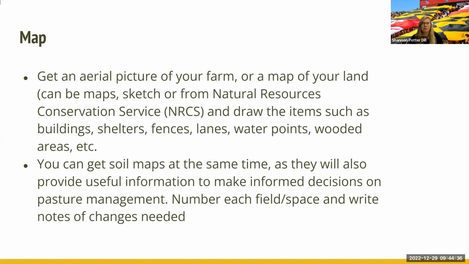You can get sketches from NRCS, Natural Resources Conservation Service, or Farm Service Agency, or you can start with just some graph paper and sit down and key out what are the items that you have, where are the structures, where are the buildings, where's your house, where's that personal space. If you're putting up fencing, or designing lanes or water points, those are all really helpful to have in that farm map and sketch layout.